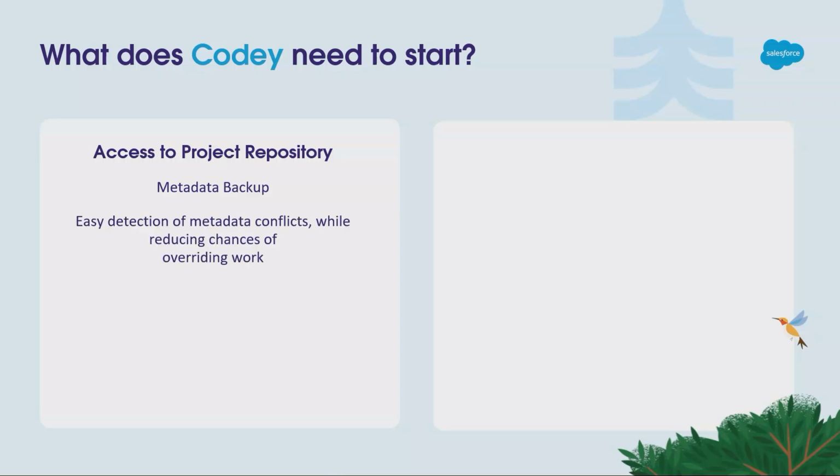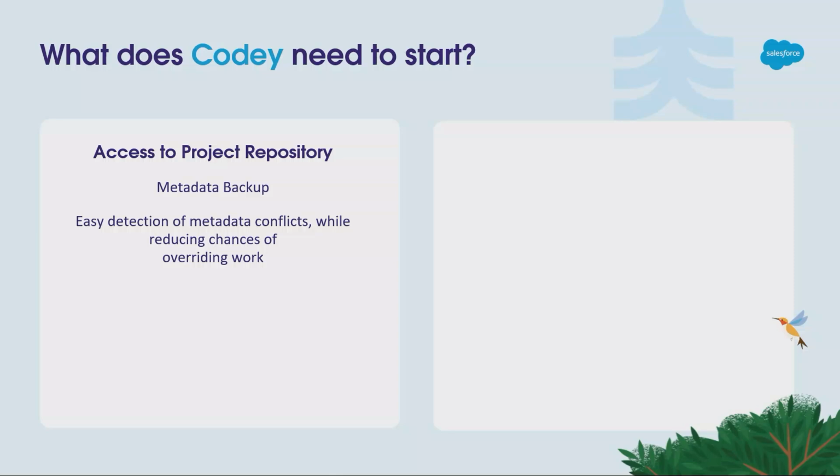The second reason why a project repository is a good idea is because if you have multiple developers, like Universal Containers has, you may experience conflicts and overriding of changes. You need to have a place where you investigate what one person produced, what the other person produced. Does it override one another?